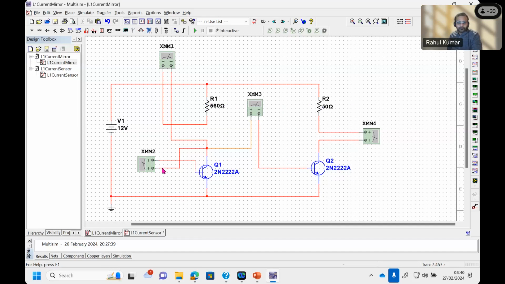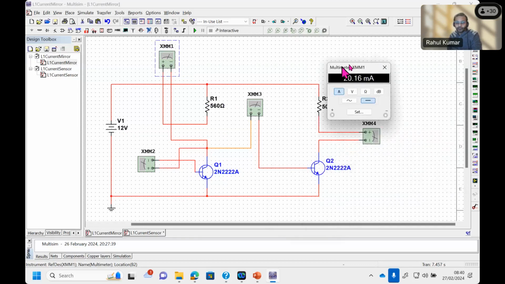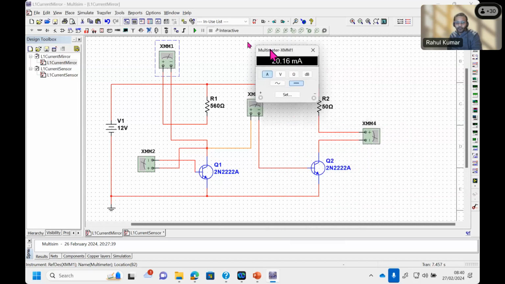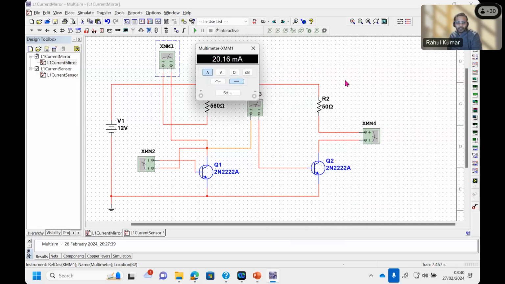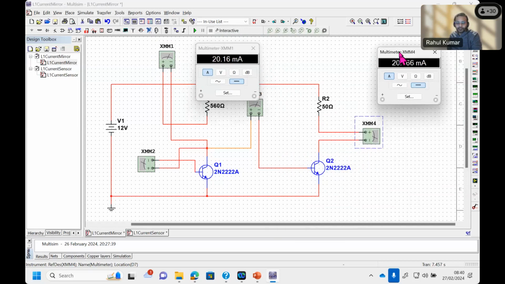XMM1, this one, will show us the input current, and XMM4, this multimeter, will give us the output.